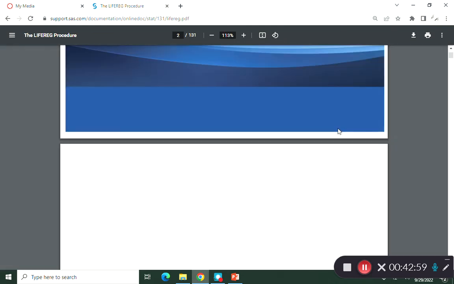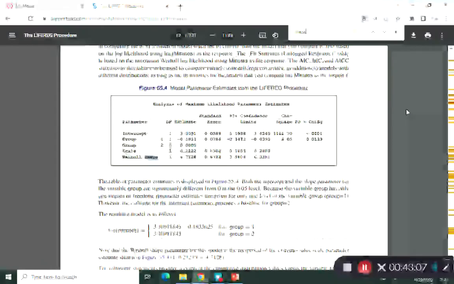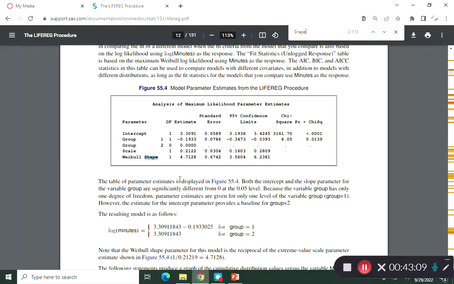For this one, I'm going to go to shape. See here? There will be a Weibull shape parameter. Later, SAS will help you estimate. And besides the shape parameter, you have a scale parameter. And what is that scale parameter? Your lambda divided by 2 divided by 3.